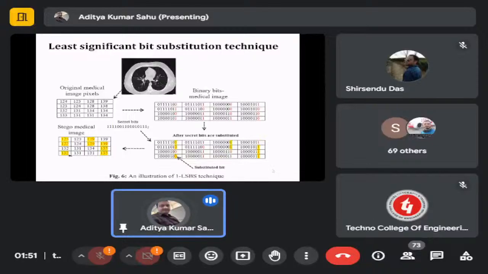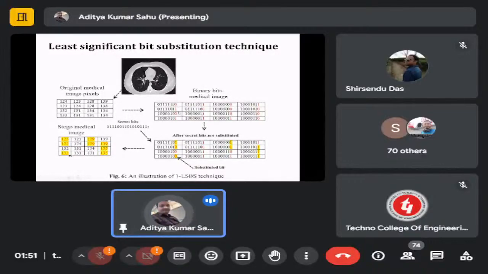Now these pixels are again converted into their binary form. You can see the right-hand side matrix, I would say, binary matrix. These are nothing but the 8-bit binary values for these pixels.